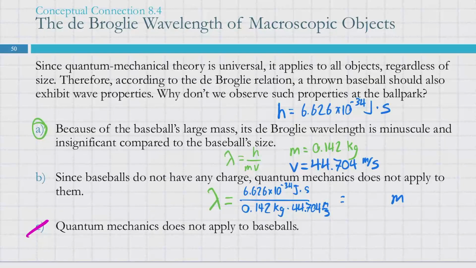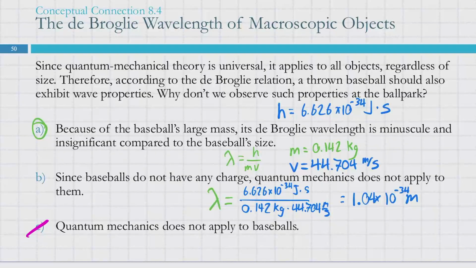Okay, the de Broglie wavelength of the baseball, 1.04 times 10 to the negative 34 meters. So this is like, nano is 10 to the minus 9.